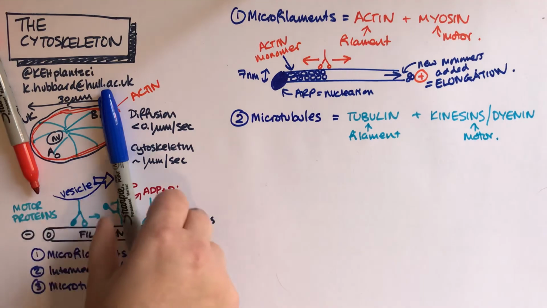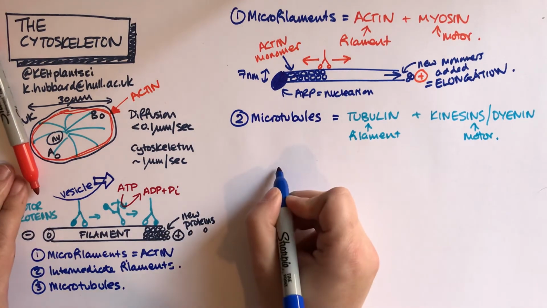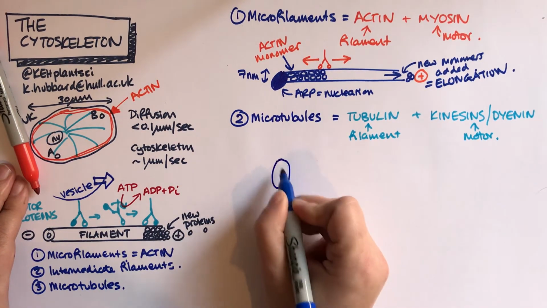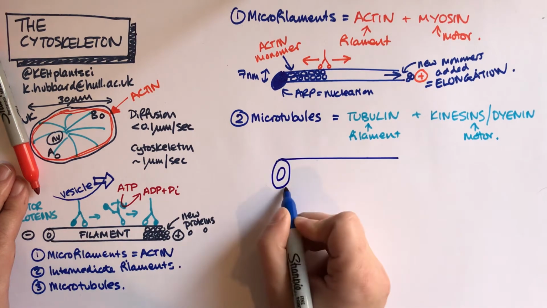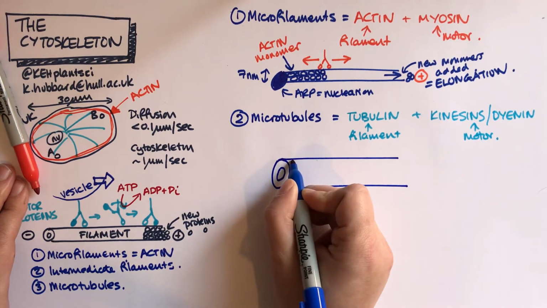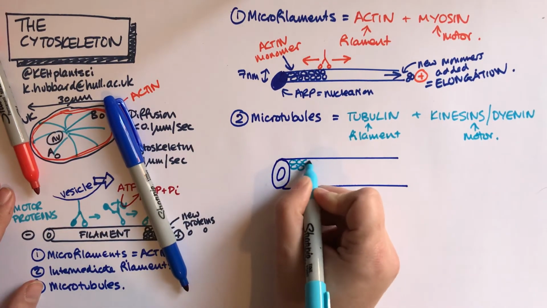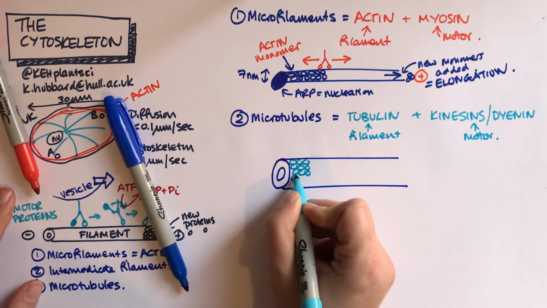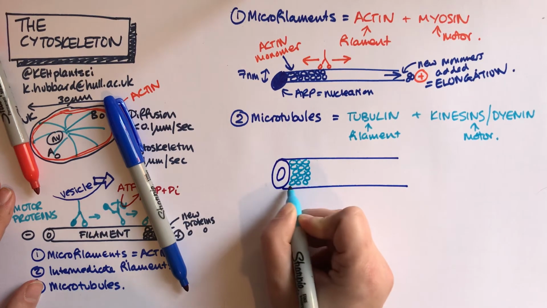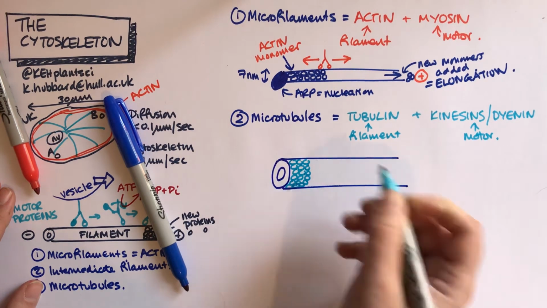So microtubules are quite a bit bigger. You've got a tube structure like that, quite chunky tubes. And then you've got loads and loads of individual tubulin proteins. I'll just draw the first few.